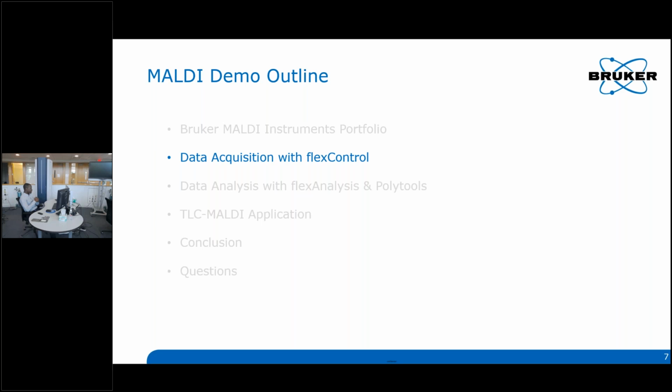We have three software packages that make up our polymer analysis workflow. These softwares are integrated. They talk to each other from beginning to end. So you don't have to acquire data, save it, and then open up another software to process it.